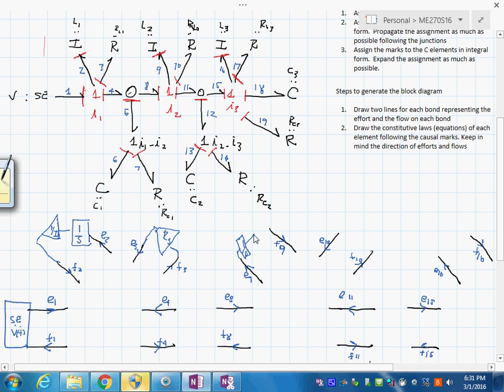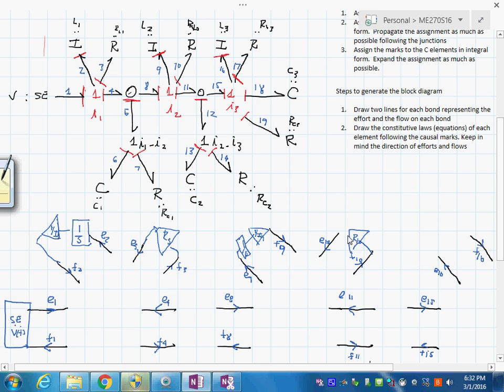So this is the I, which is 16, no, 17, excuse me, and this is the R element, which gets multiplied by this R17, and out comes this one.